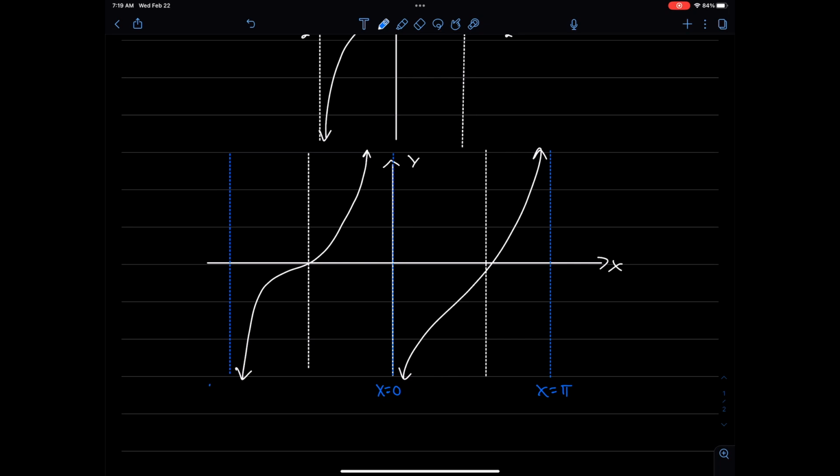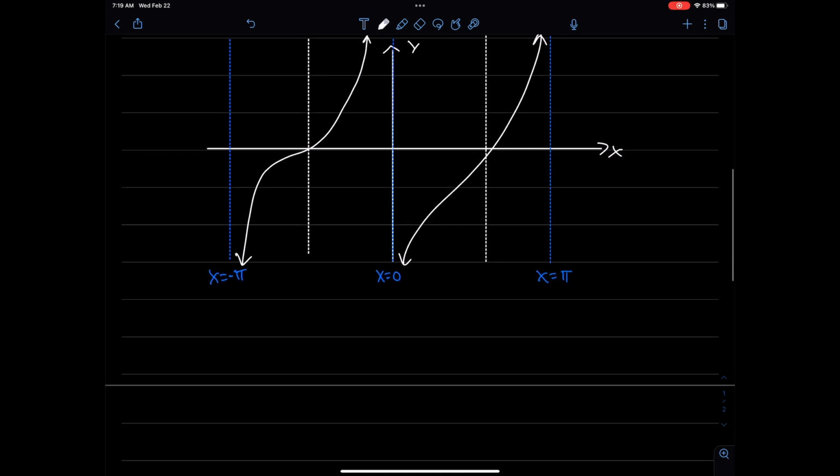If you're at 1 pi over 2 and you go left another pi over 2, you are suddenly at 2 pi over 2s and negative 2 pi over 2s. So your new vertical asymptotes occur at x equals negative pi and x equals positive pi, as well as x equals 0. And this is the phase shift of tangent. All you did was pick it up and move it, in this case to the left. Remember, because you had x plus pi over 2, it's always going to be the opposite of that.